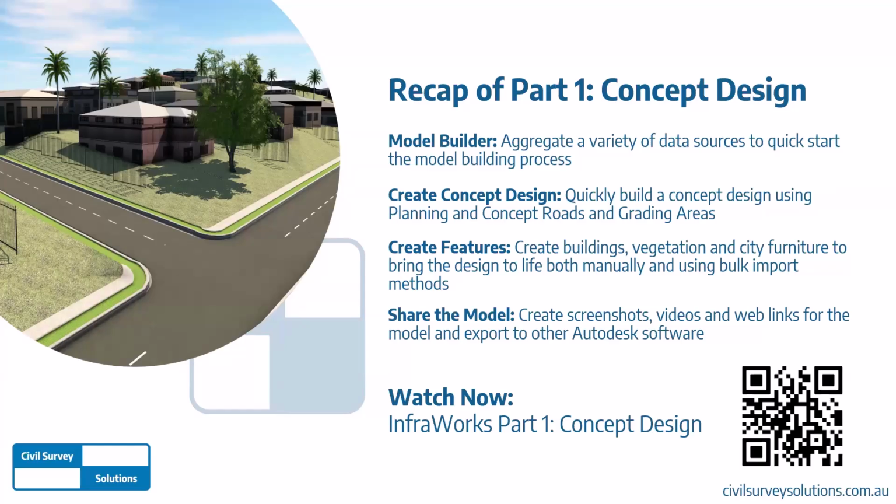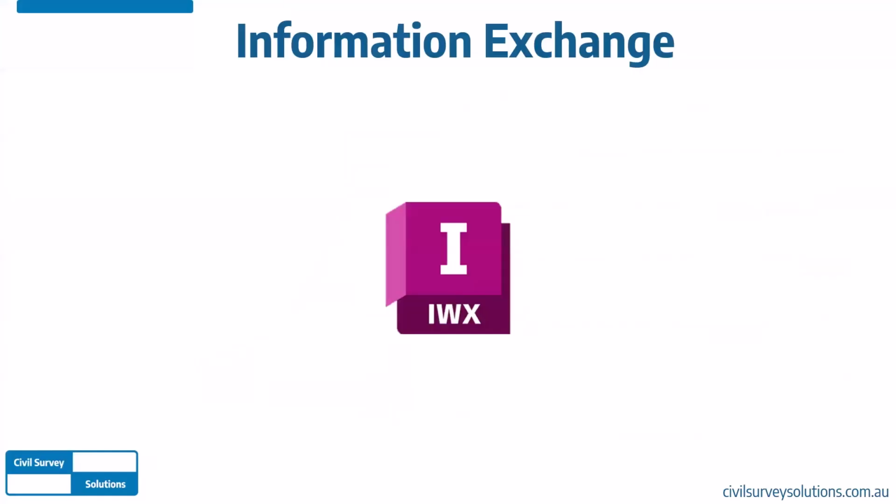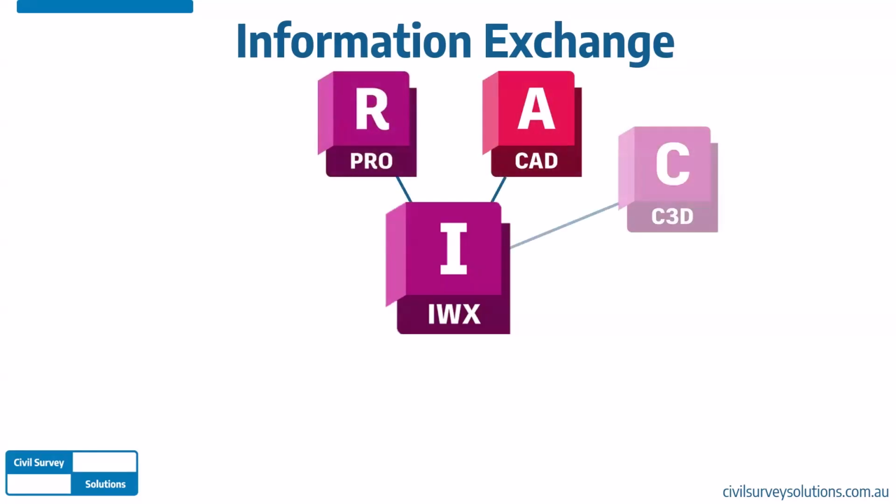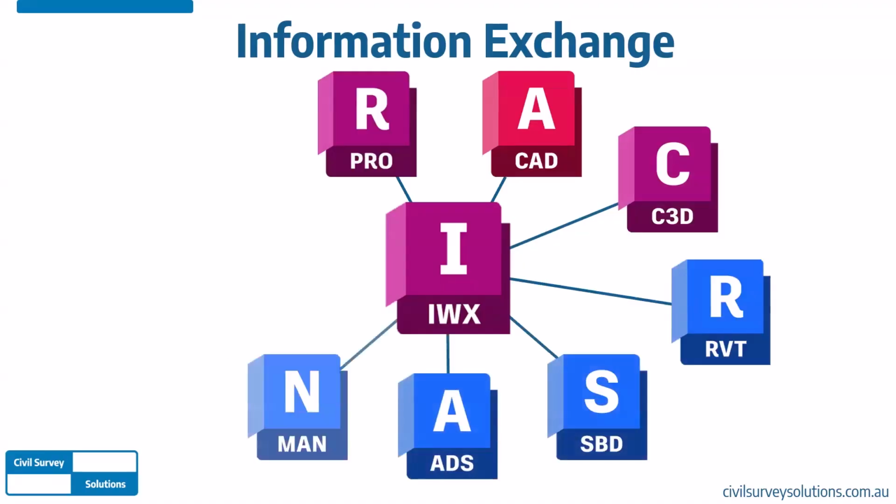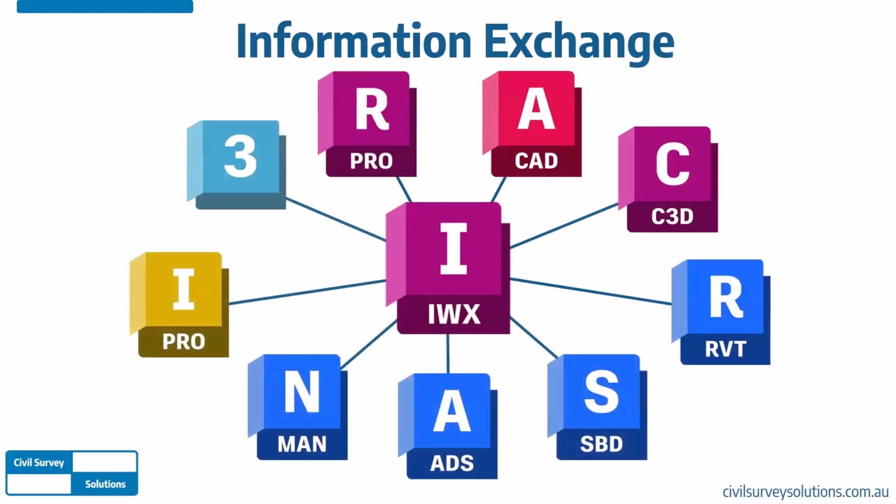So from that, we're now really focusing on sharing the model, because we can share it with a variety of different Autodesk applications. At the center of this all, we've got our Infraworks, and we've got a whole bunch of other Autodesk software that can add data into our model, or we can get data out of our model.